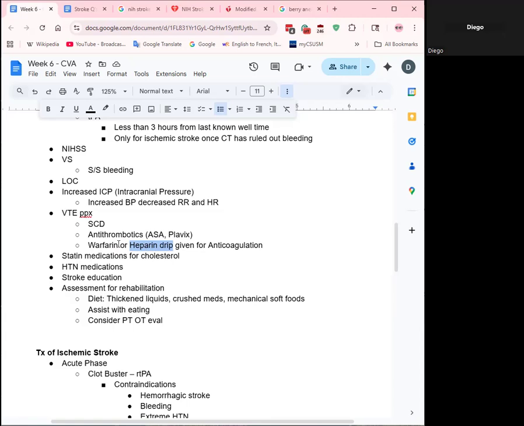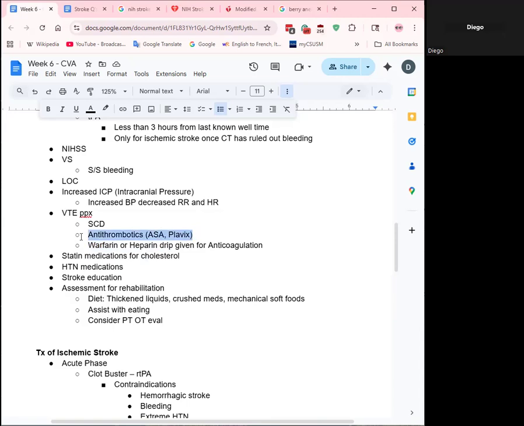And then warfarin: if they have never been on warfarin before, very likely that they'll be put on dual antiplatelet therapy, or they'll get placed on an anticoagulant later, in which case the heparin drip will be active until the medication reaches a therapeutic range, and then they'll discontinue the heparin drip. But you can have both of these at the same time as you're waiting for the warfarin to become effective.